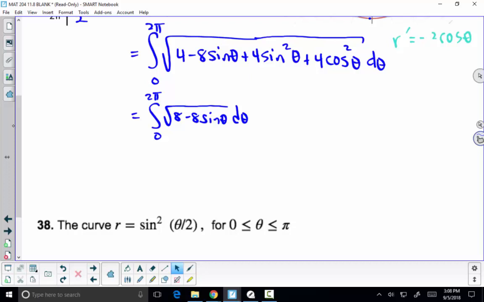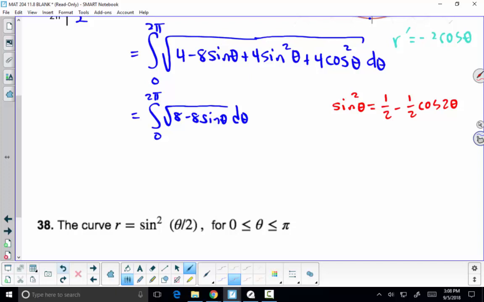So let's take a look at the identities that we know off the top of our head. We know that something like sine squared of theta, we can reduce that to 1/2 minus 1/2 cosine 2 theta. That's an identity that we can use.